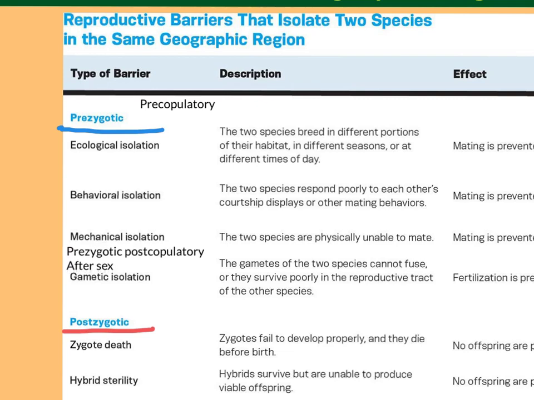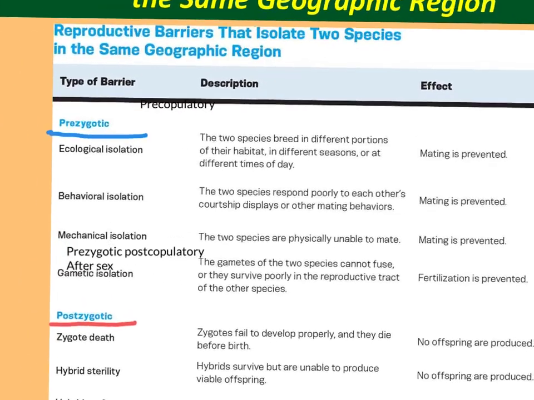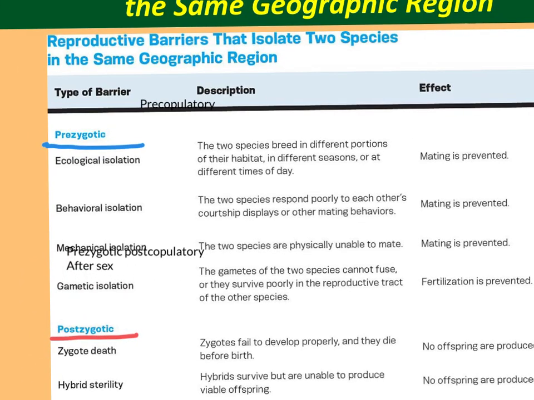So there's a number of things. Prezygotic ecological isolation: two species that breed in different portions of the habitat or at different times.